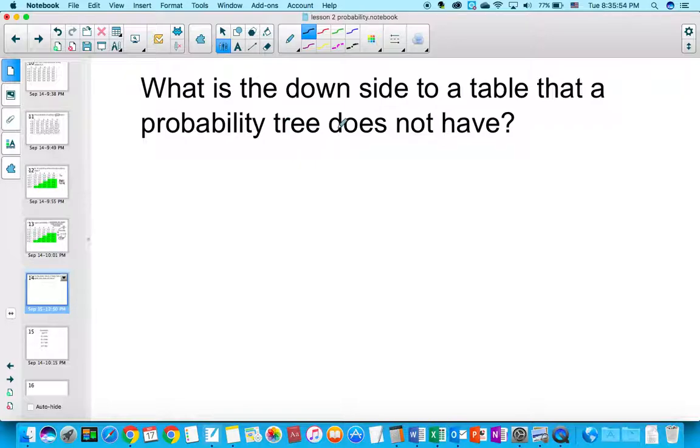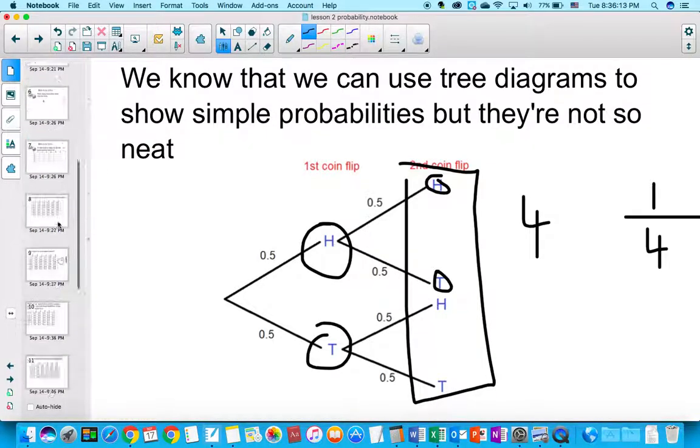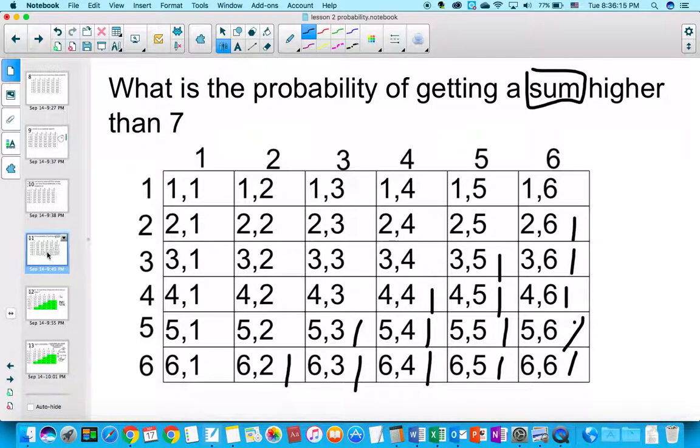So what is the downside of having a table that a probability tree does not have? So what is the downside of using a table that a probability tree would not have? Right? This is sort of a thought question, because you have two methods now. You have the tree and you have the table.